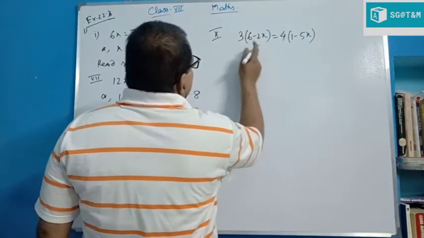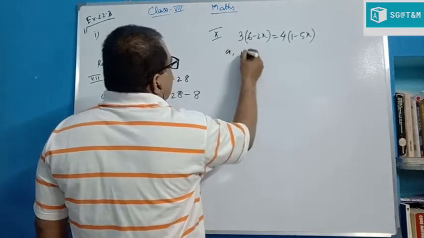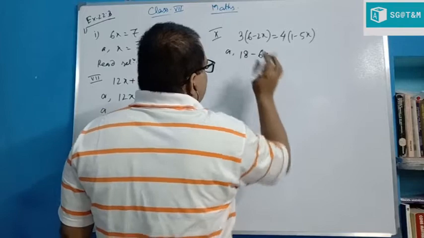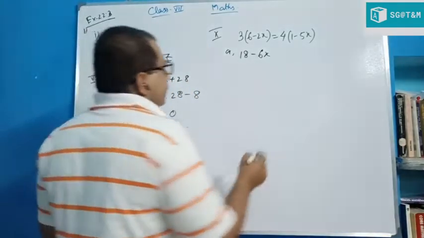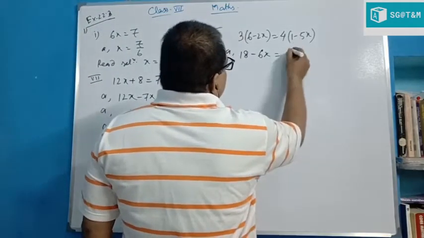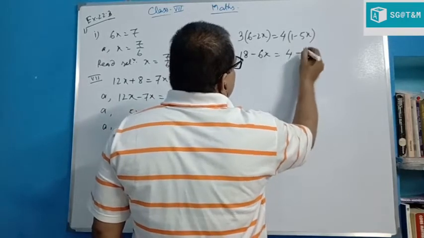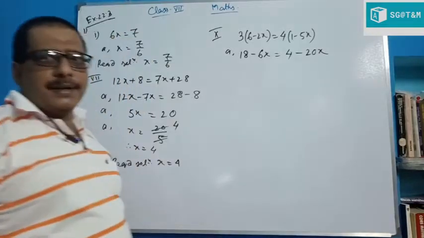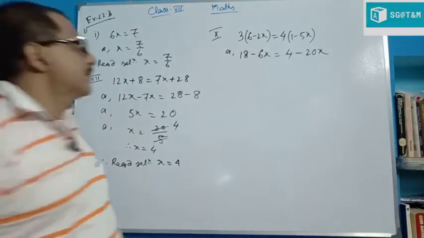So 3 into 6, that is 18. 3 into 2, that is 6, so 2x into 3, that is 6x. That equals 4 into 1, that is 4, minus 4 into 5x, that is 20x.